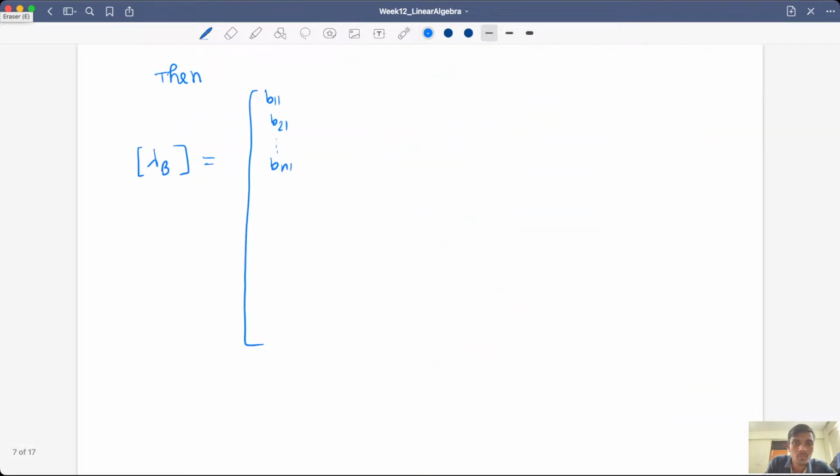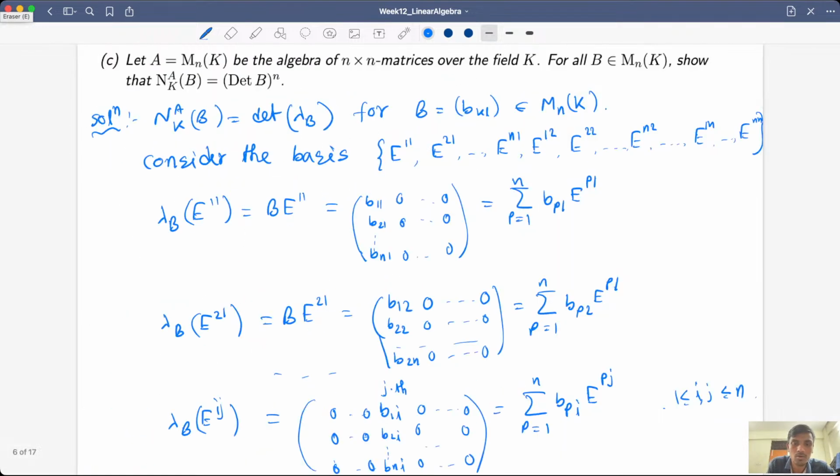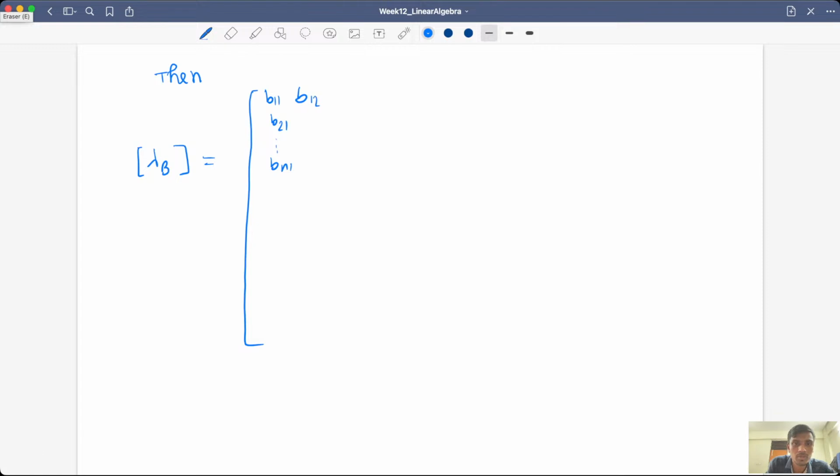So that means the second column. So this actually gives me one copy of B, with Bn1, Bn2, Bnn, and all the things here are 0.